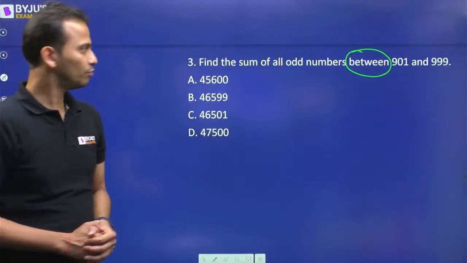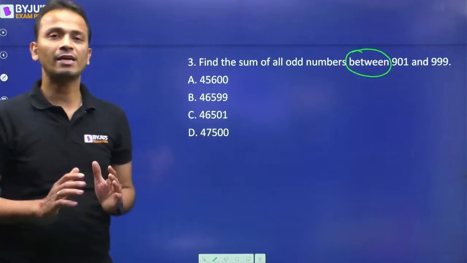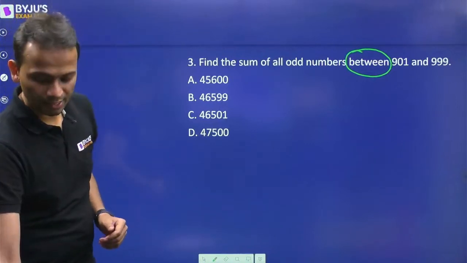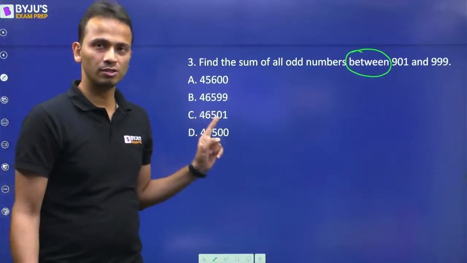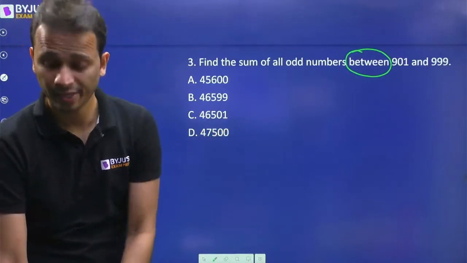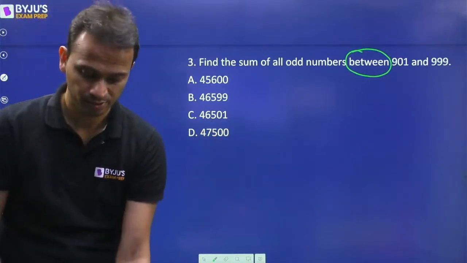You'll have to find out the sum of all odd numbers between 901 and 999, and I have circled a word which is very important: between.